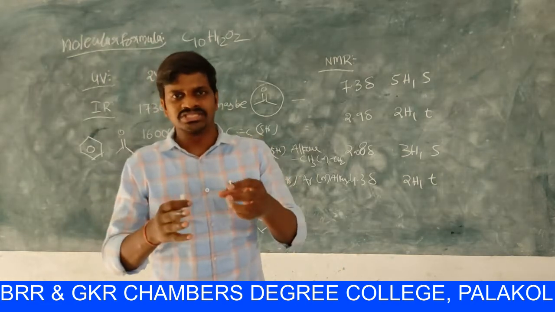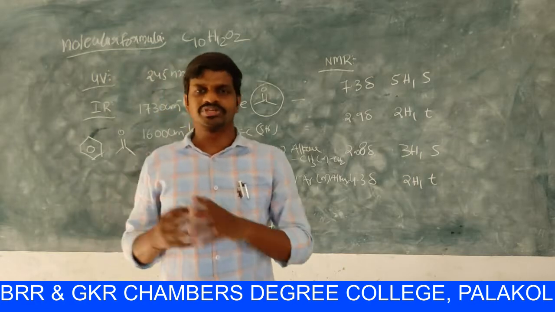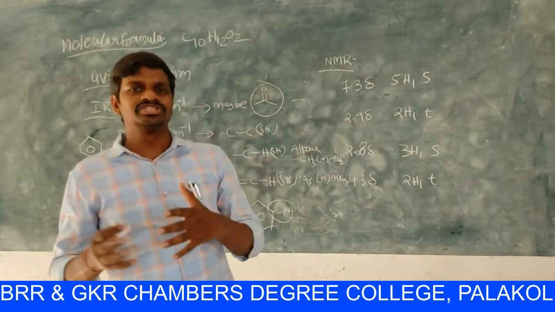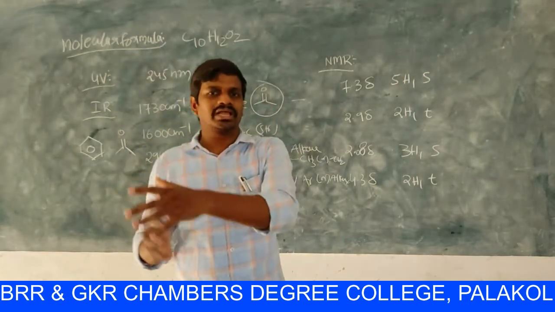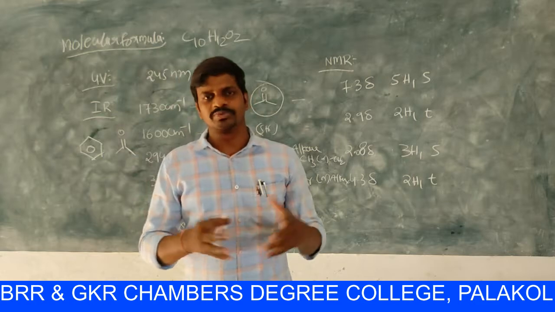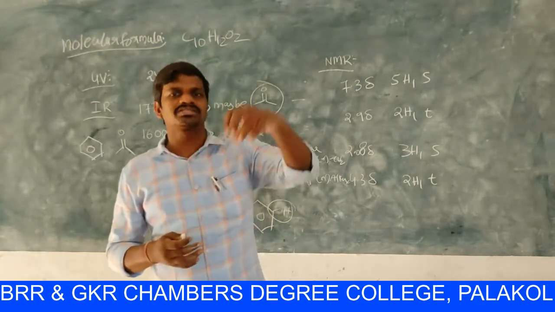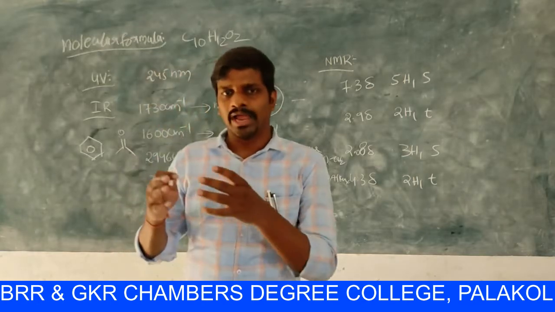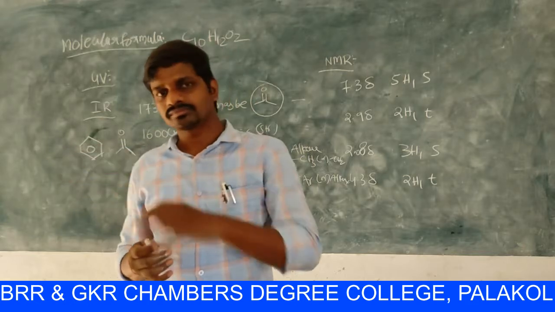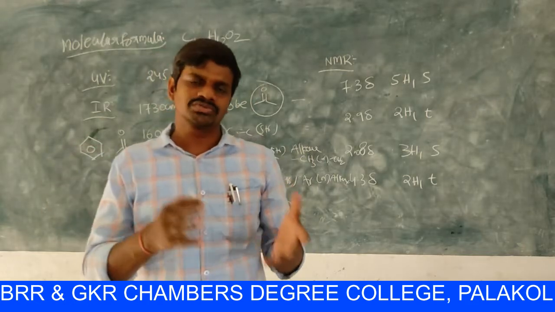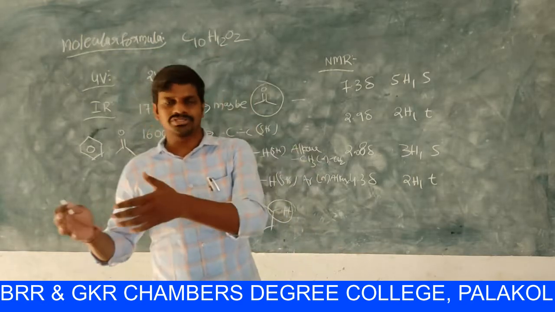The electron density around the benzene proton increases, so it exhibits a low chemical shift. And if the benzene ring is substituted by an electron withdrawing group, then it exhibits a high chemical shift, because the electron withdrawing group withdraws electrons from the benzene ring, and the hydrogen atoms on the benzene ring become electron deficient. That is why the hydrogen atoms resonate at high frequency.